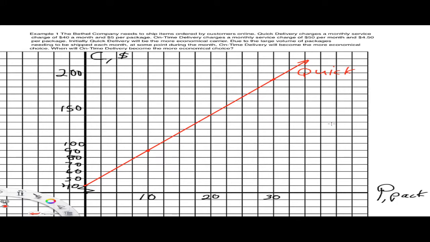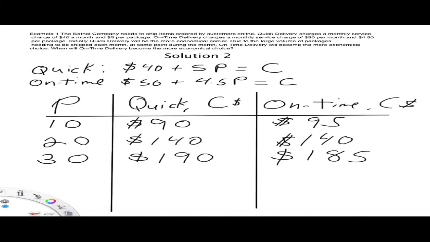Let's take a look at what we need to do for on time. And at on time, I was at 95 and 185 and 140. So 10, 20, okay. And then where it crossed the basic line when there was 0 is at 50, right?